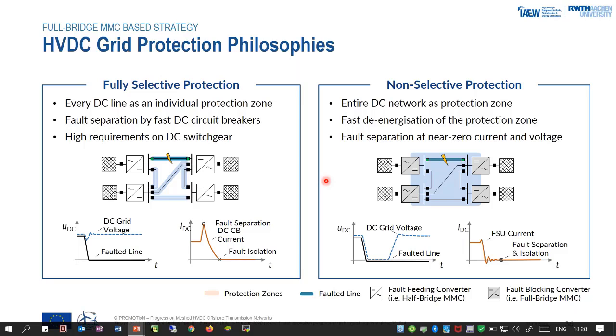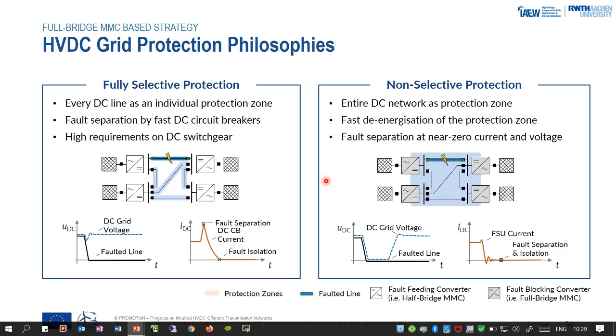So overall, we need fast DC circuit breakers, and the circuit breakers need to absorb a lot of energy during this interruption process. And overall, the requirements on the DC switchgear are therefore relatively high.